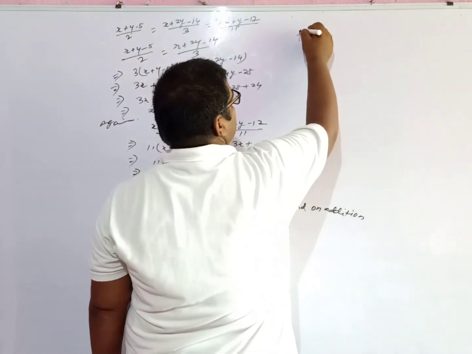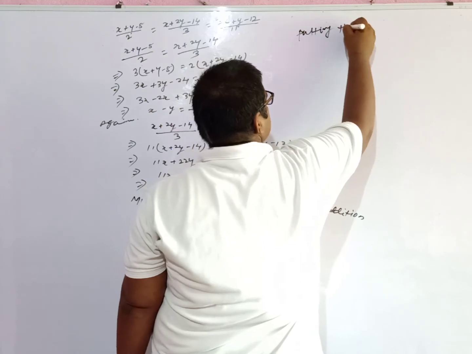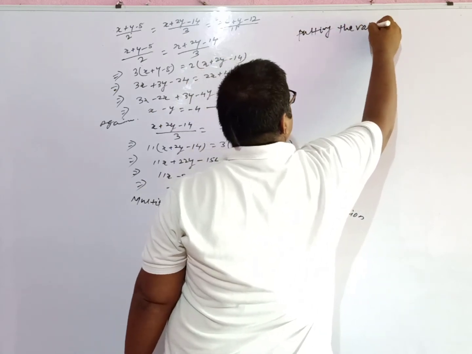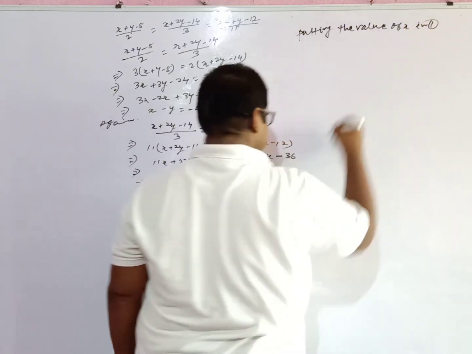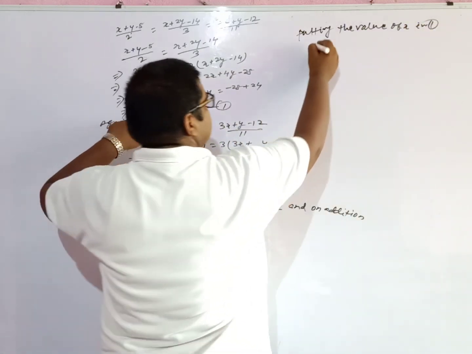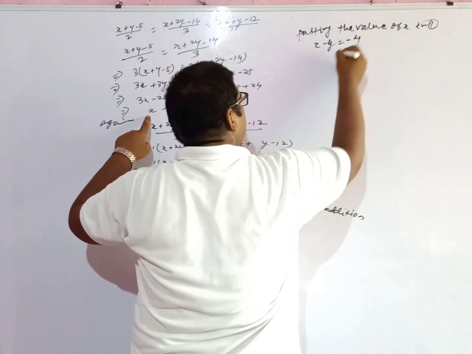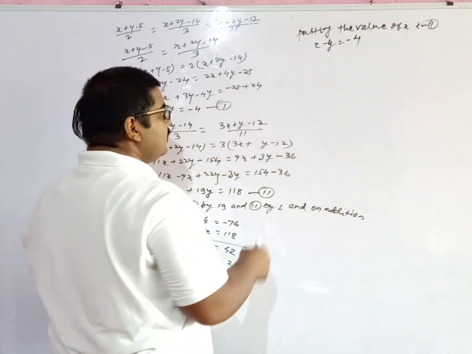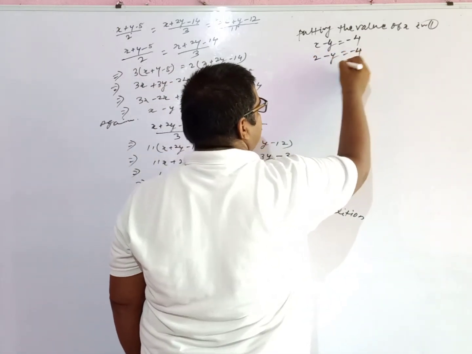So you have to write, substituting the value of x in first. And what is the first equation? x minus y is equal to minus 4, and putting the value of x, you get 2 minus y is equal to minus 4.